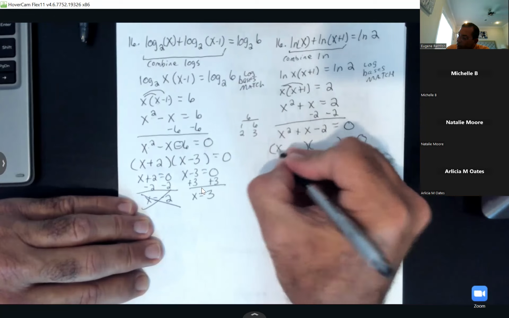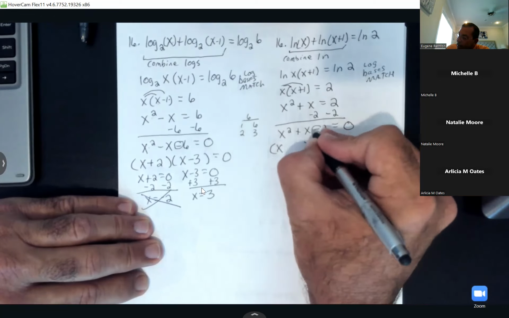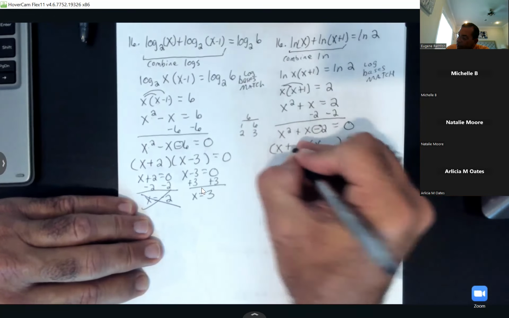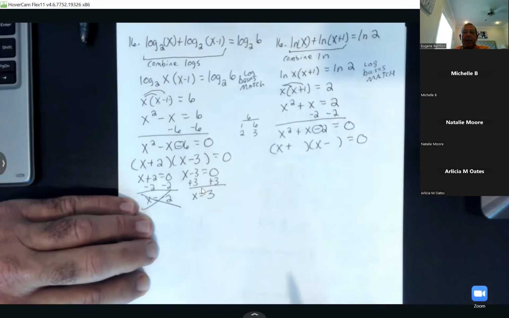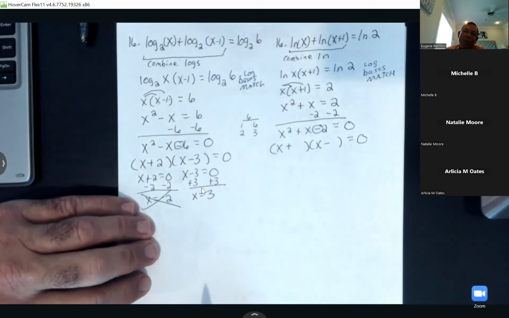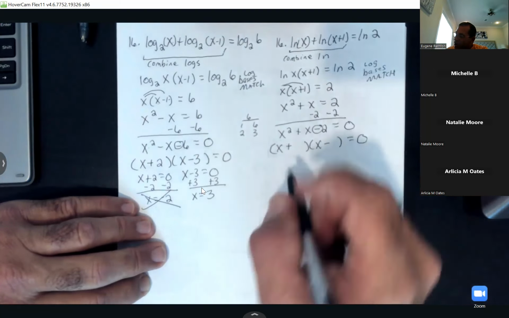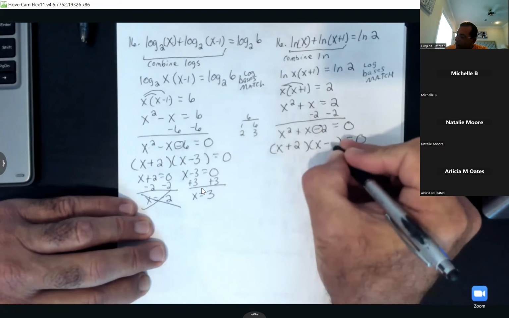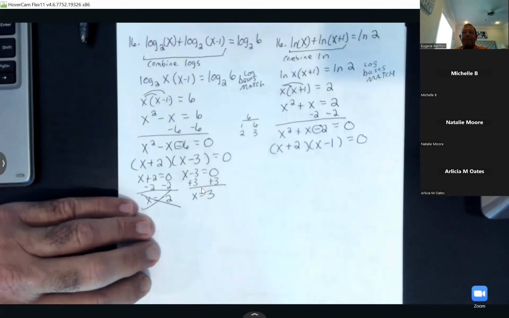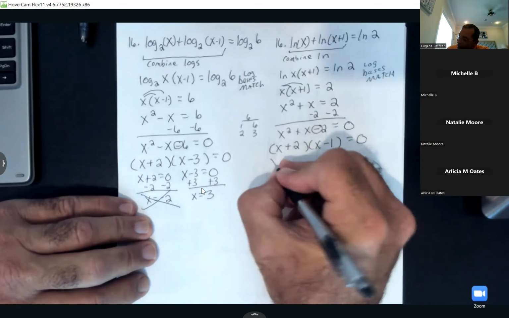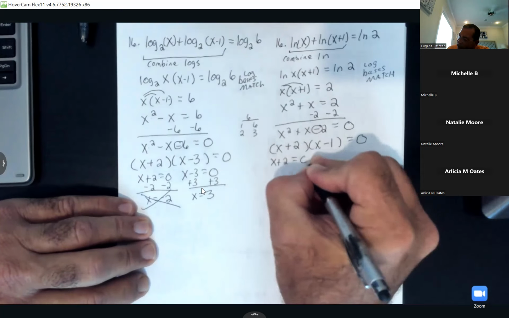X squared is an x and an x. That's negative, so I got unlike signs. We only got one guess on these factors, right? The only factors of 2 are 2 and 1. But remember, the 2 is larger, so it's got to be positive and the 1 negative. All right, so then you're going to solve both of these.